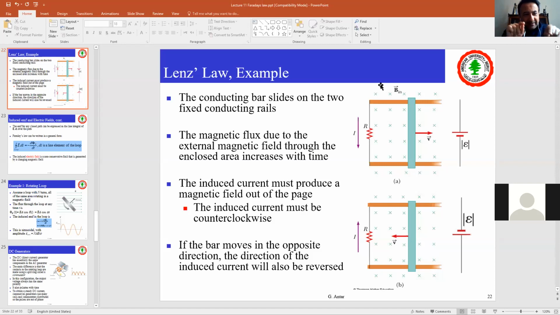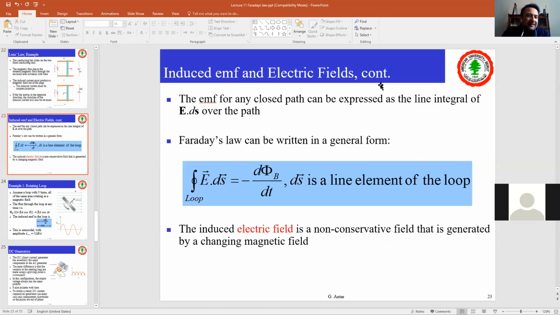The other property that I failed to mention earlier is that the circulation of I is perpendicular to B induced, by the right-hand rule, and thus it's perpendicular to B external. Consequently, this loop here is not a completely arbitrary loop. It's a loop which is perpendicular to the magnetic field.